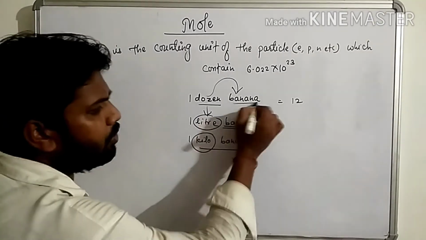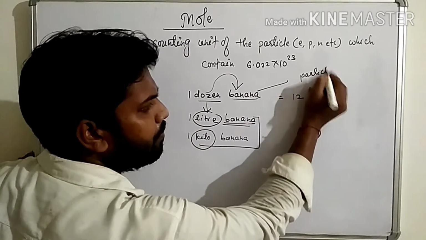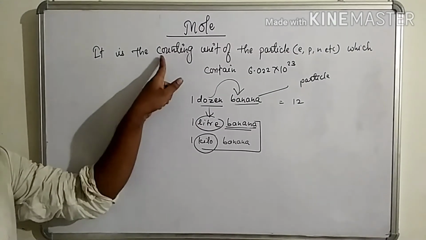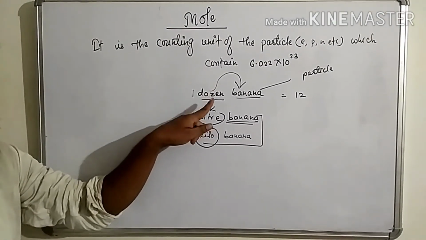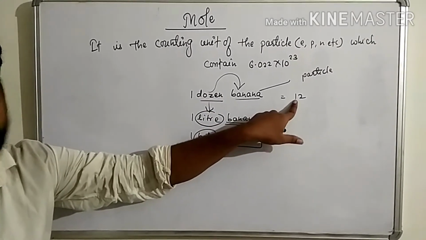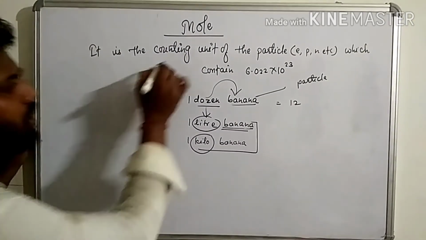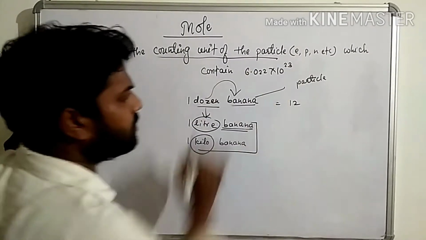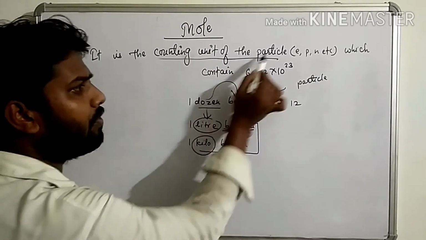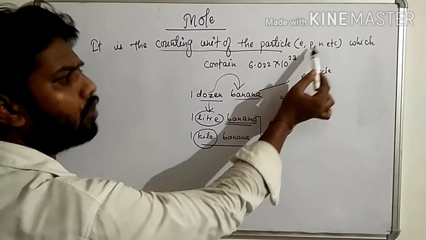If we assume this banana as a particle, then mole is the counting unit, like this is also a counting unit because one dozen contains 12 bananas. So children, in the same way, mole is the counting unit of particles. Here we are talking about bananas and this mole is the counting unit of particles. Clear children? Like electron, proton, neutron, etc.